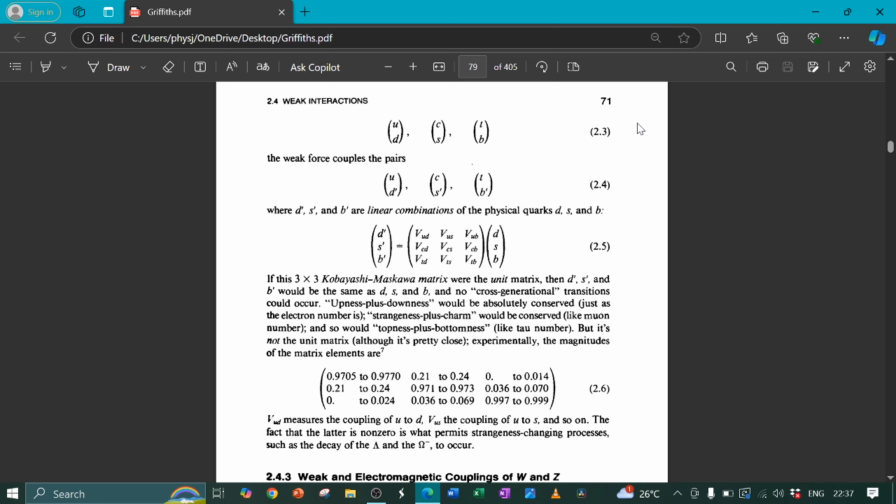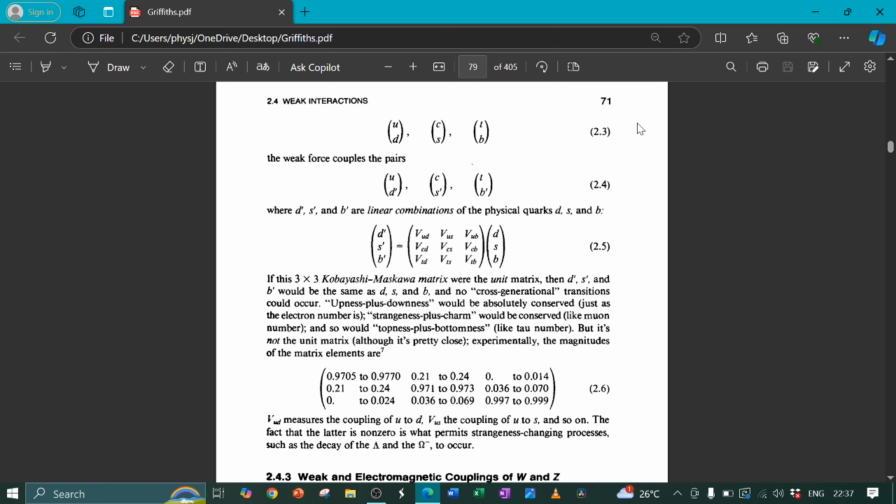Upness plus downness would be absolutely conserved, just as the electron number is. Strangeness plus charm would be conserved like muon number, and so would topness plus bottomness like tau number. But it's not the unit matrix, although it's pretty close.